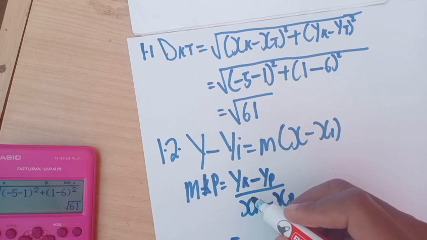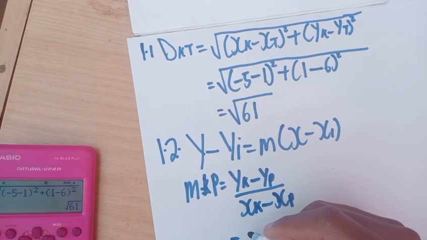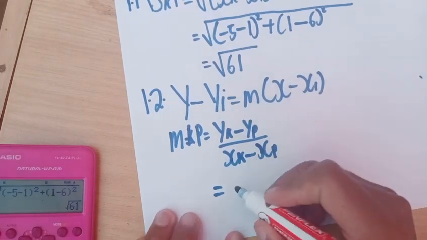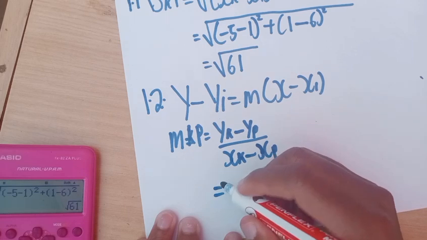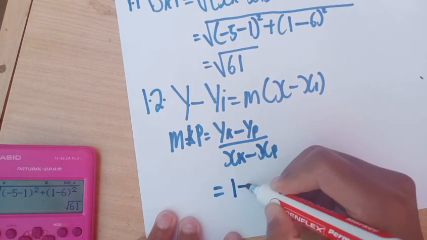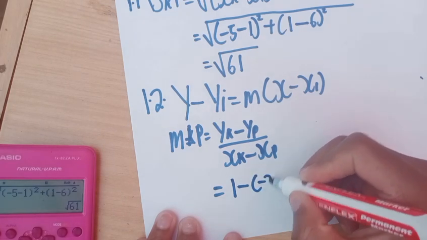What is our yk? Our yk is 1 minus (minus 2).